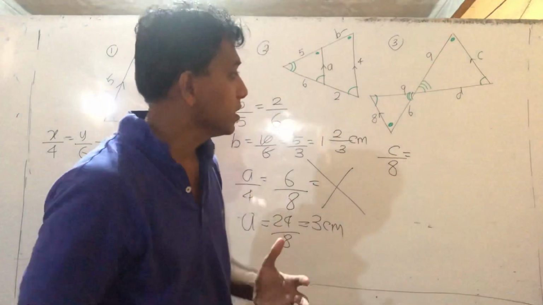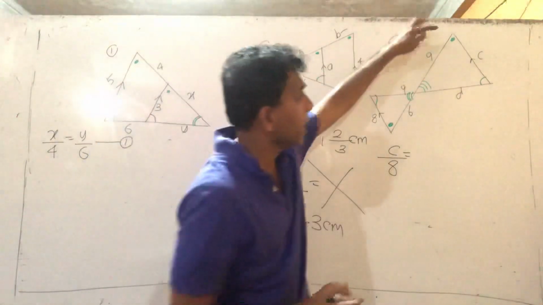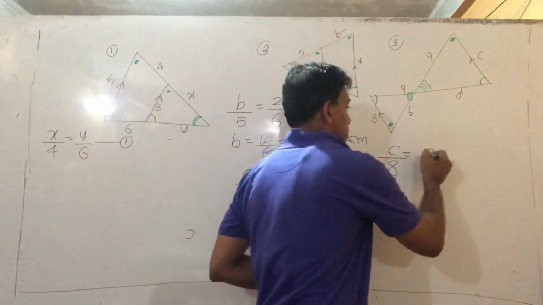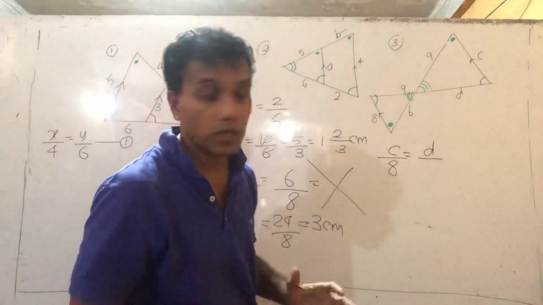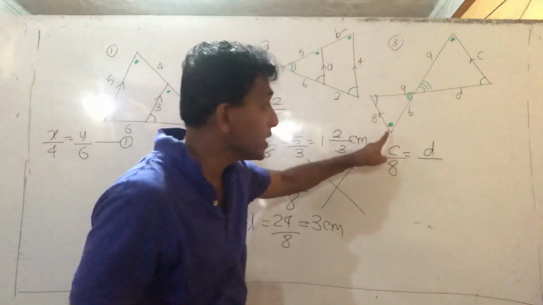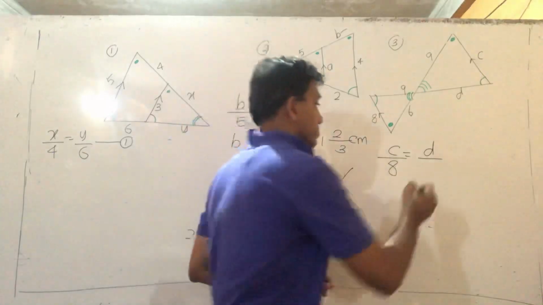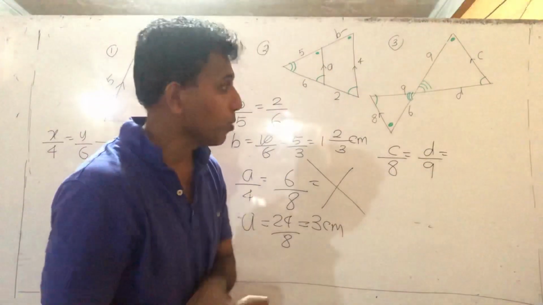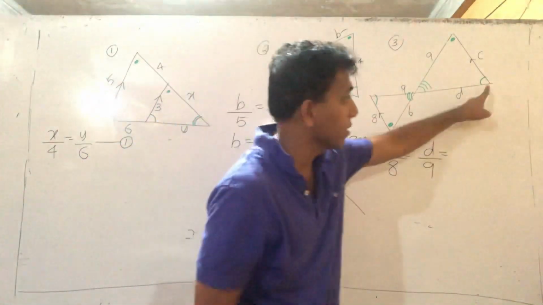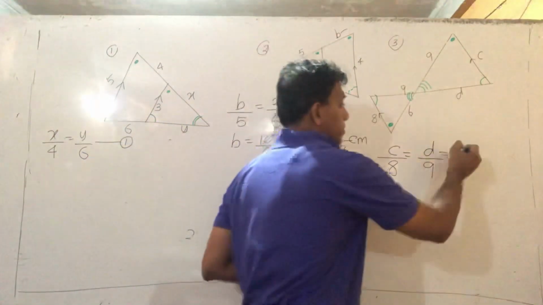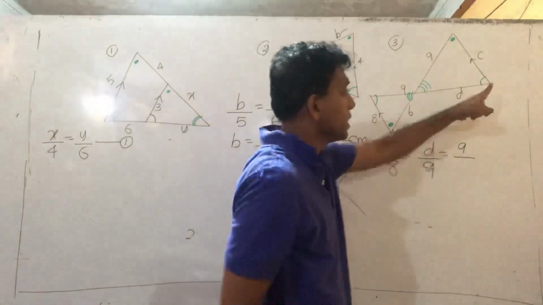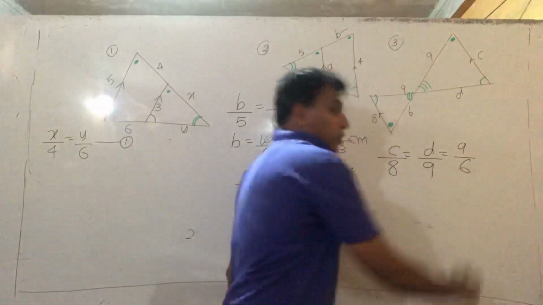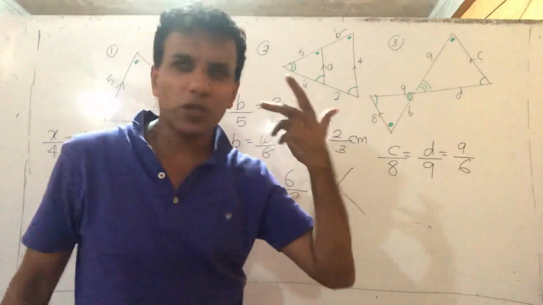Equal to what? Take another one here. I take this one, opposite D, over this angle equal to this, opposite 9. Equal. Take the last angle and complete it. This angle, opposite 9, over this angle equal to this, opposite 6. If you miss this order, you are wrong.